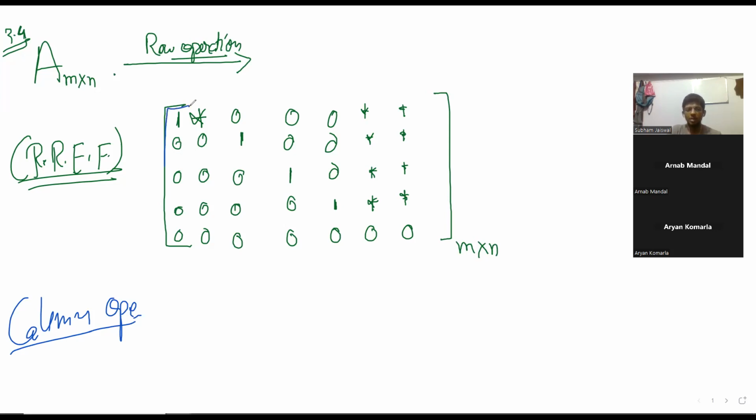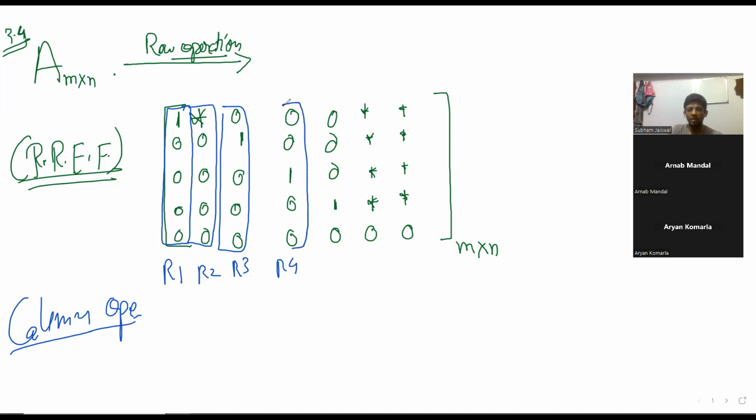So this becomes your row 1, this becomes your row 2, and now these are the rows and you're doing row operations. That is what doing column operations means, right? Column operations act on the columns, but if you call the columns rows, then it's like doing row operations.